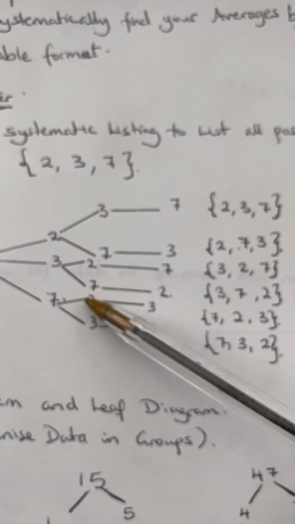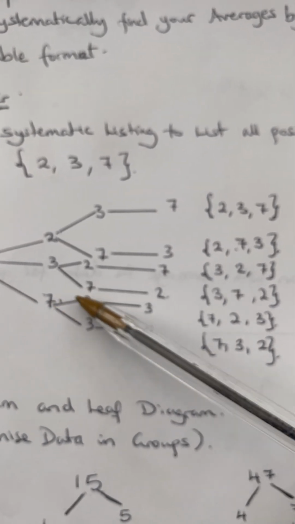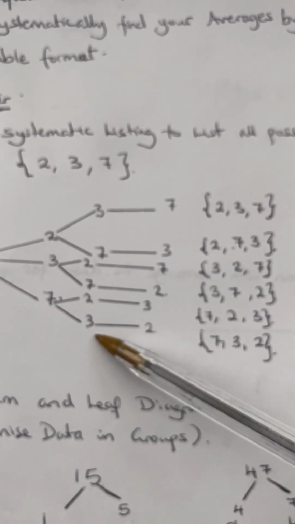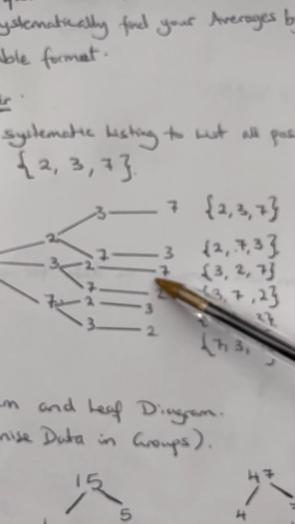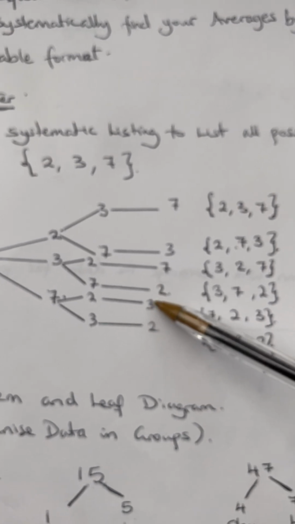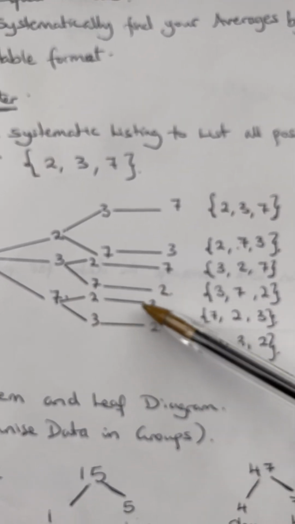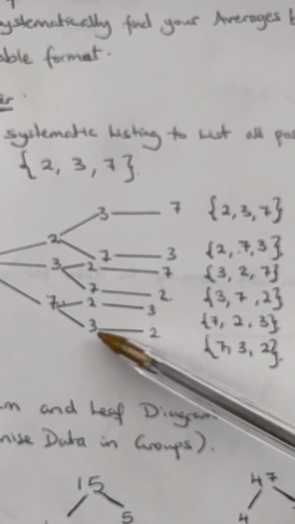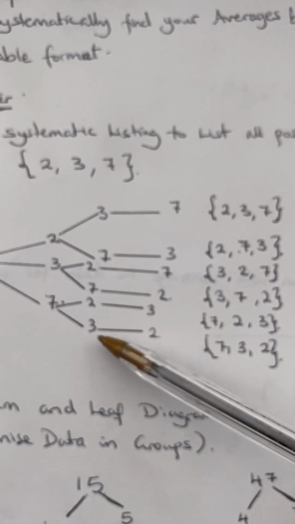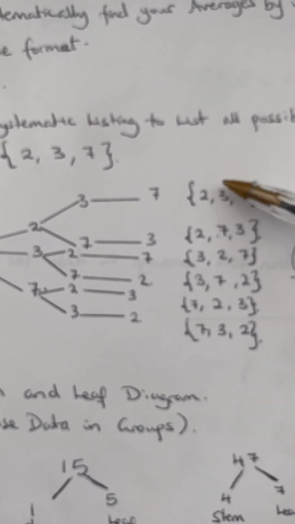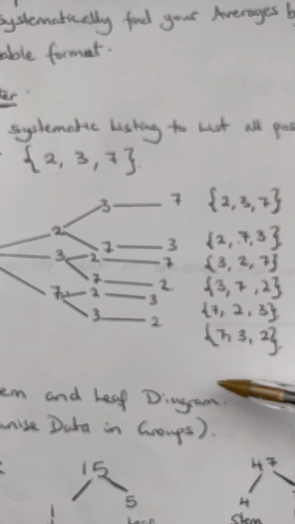If you take 7 out of the set, you are left with 2 and 3. And then if you flip it around, you have 3 and 2. So you have 7, 2, 3 and 7, 3, 2. So now these are the possible outcomes.